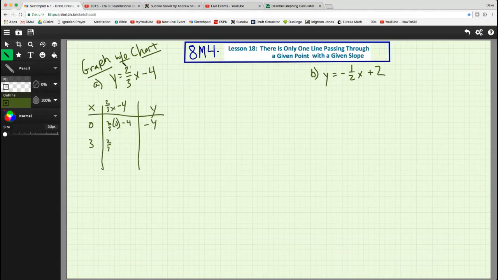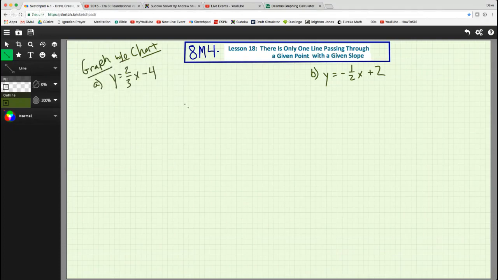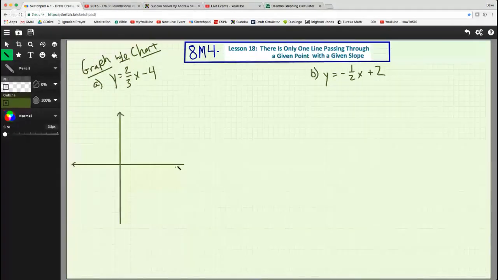We make these XY charts like this, but we're not going to do that. We're just going to graph this with the power of what we've learned, and we're going to graph straight out. And watch how cool this is. This is totally, totally cool. So I'm going to make us a graph, and we are going to graph this line using the basics of knowing what B and M mean.